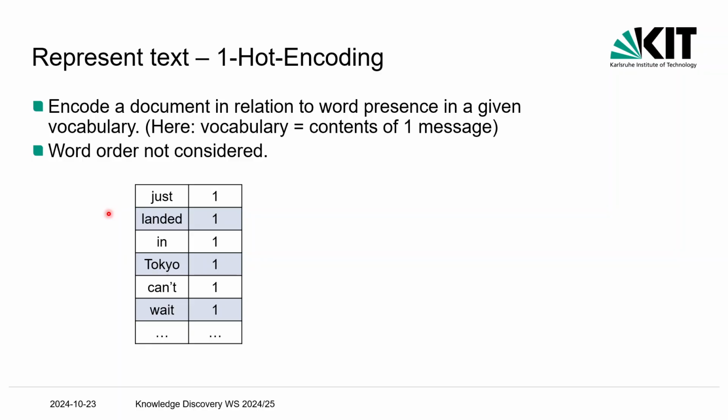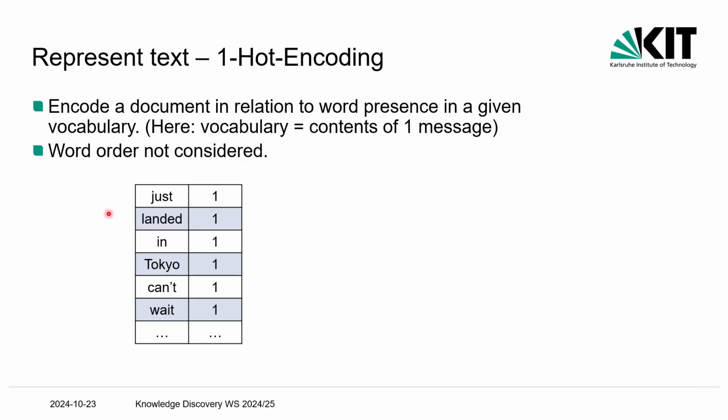So we want to encode our document in relation to word presence: is a word there, yes or no? And here, in quotation marks, is the vocabulary that we're using, our entirety of possibilities of words, to mark whether a word is in the contents of our message.